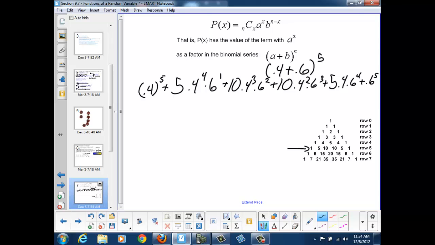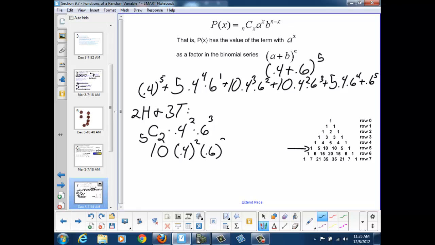And we said that for 2 heads and 3 tails, our formula was 5C2 times the probability of getting heads raised to the number of heads times the probability of tails raised to the number of tails. And 5C2, as we saw, was 10. There were 10 different ways for that to happen. So I have 10 times 0.4 squared times 0.6 cubed, which just happens to be a term in this expansion.